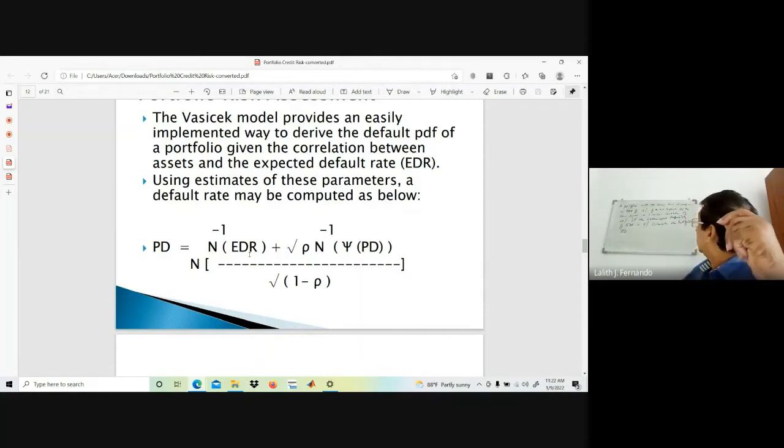Rho is 20%. 0.20. 1 minus 0.20 is square root of 0.80. In the numerator you get square root of 0.20. Is that okay? Can you try to do the calculation?